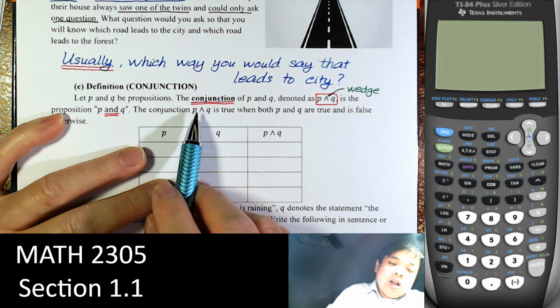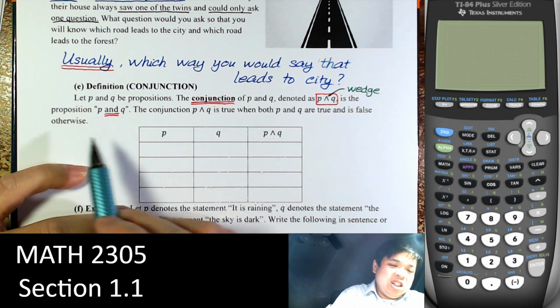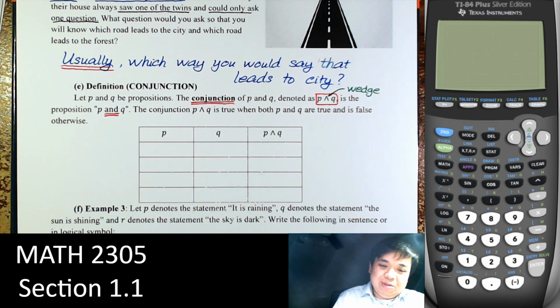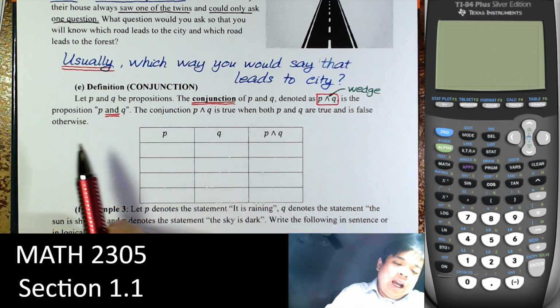But the conjunction P wedge Q doesn't flow. Let's just say P and Q. So P and Q is true when both P and Q are true, and false otherwise.